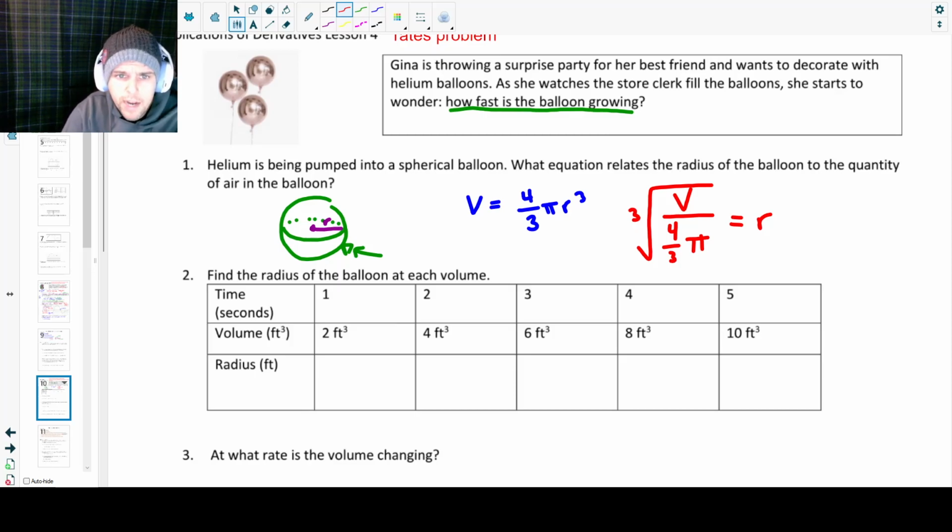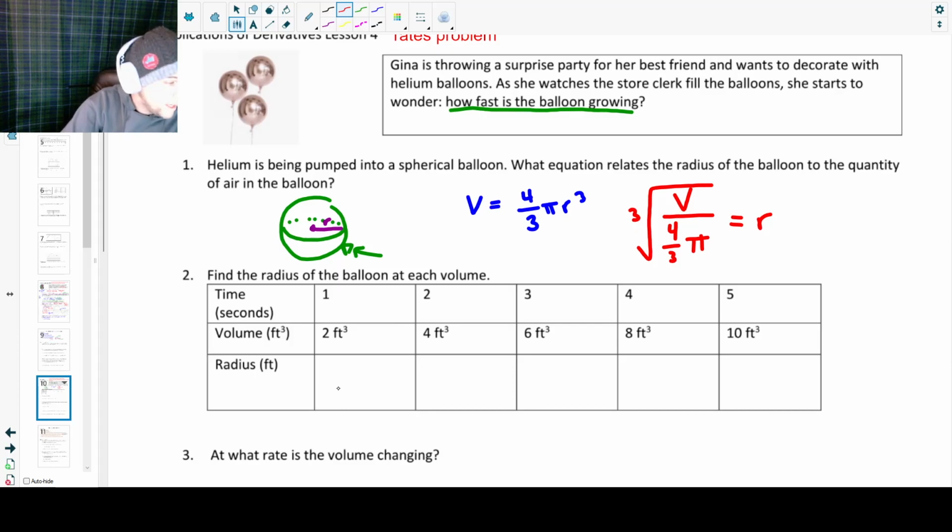Just to get in good practice here, it's often good to round to 3 decimal places when working on the AP test. So I'm going to go ahead and round that to 3 decimal places, and I'll write that out on my paper. So let me get rid of this Desmos window and go back to the screen.